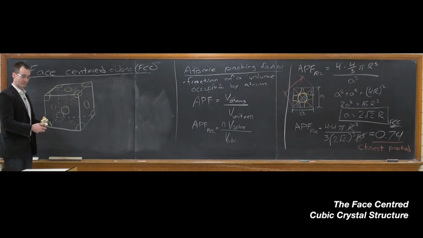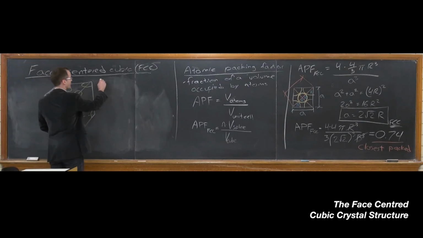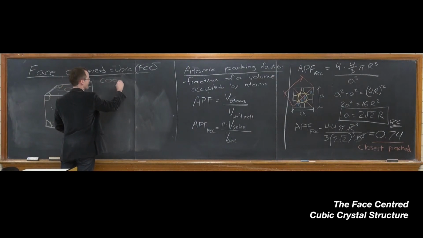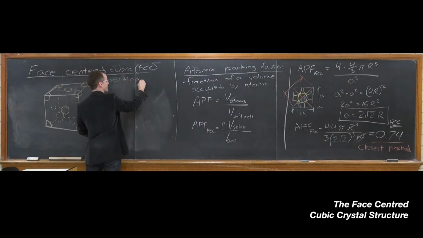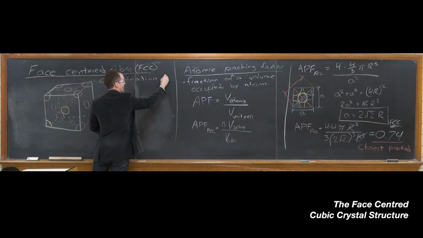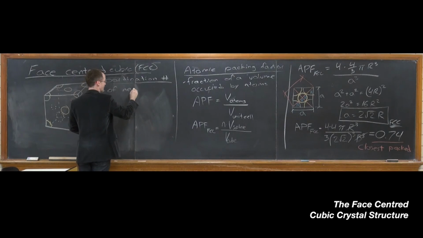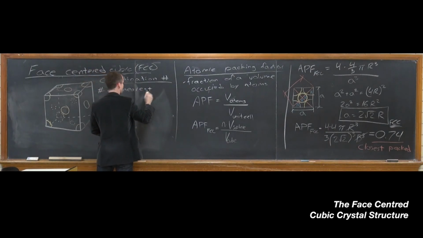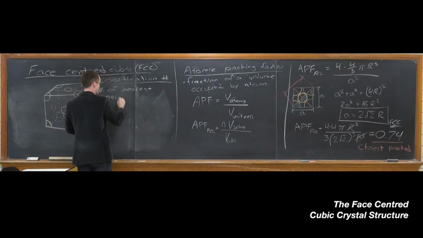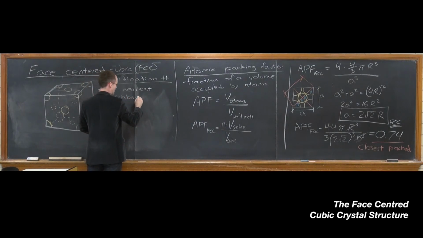And what I want to show you now is the coordination number. So the coordination number, another way you may have heard it, is the number of nearest neighbor atoms.